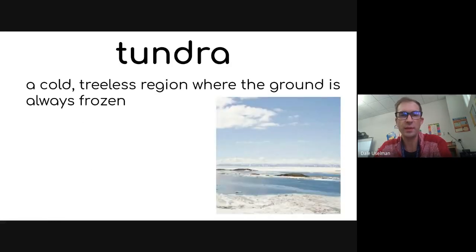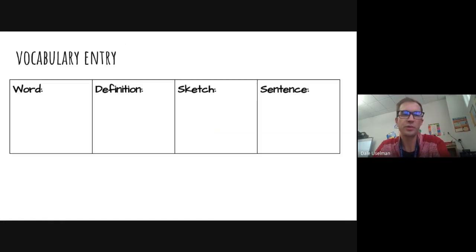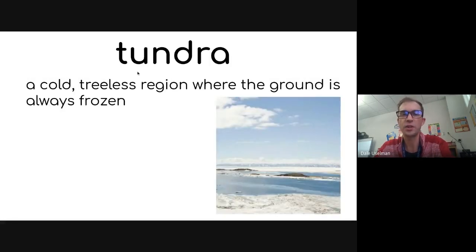Let's look at this week's vocabulary words. Remember, when you're doing your vocabulary entry in your Seesaw activity, you're going to place the word here, the definition here, a quick sketch, and a sentence that uses the word. So this first word is the word tundra. Say that word tundra. Awesome.